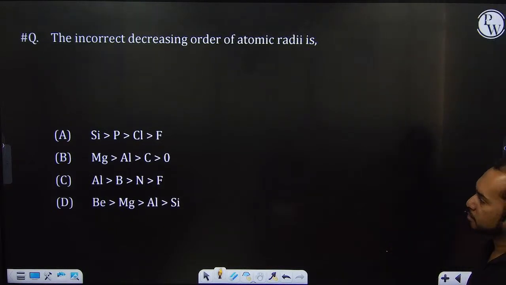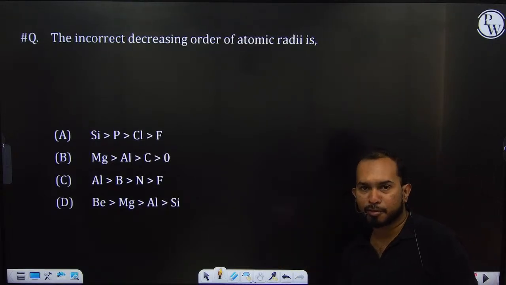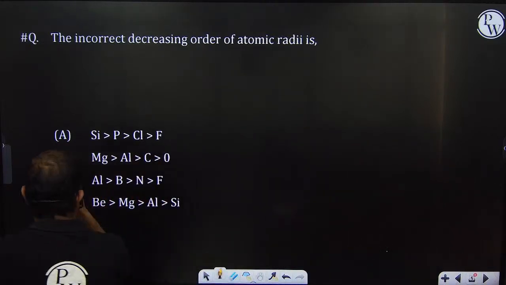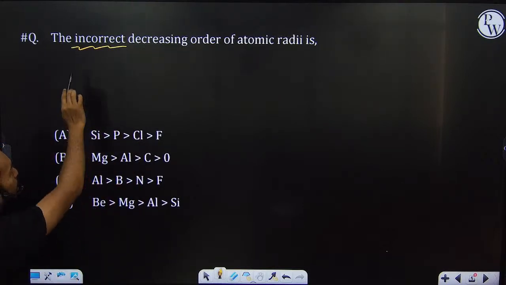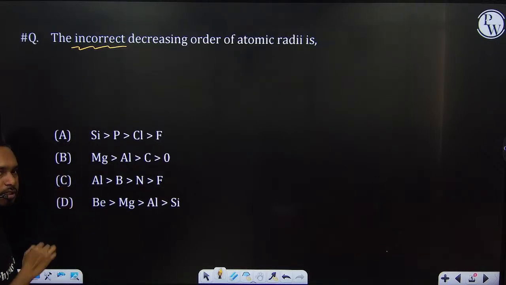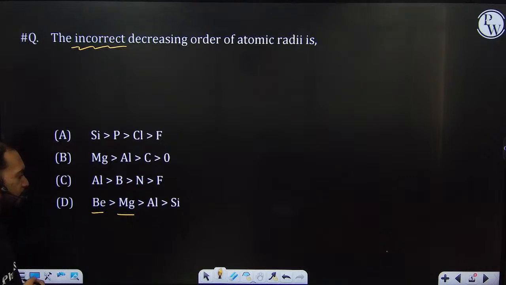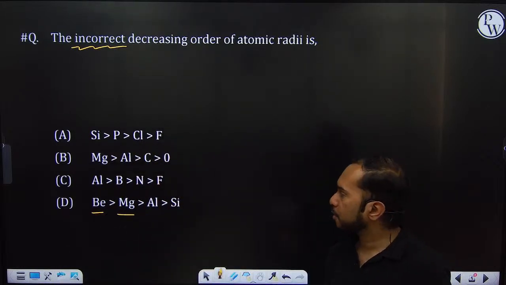Well, this will increase the cutoff. Look at the options. Make sure that you are reading the question over here. What is the incorrect decreasing order? Just look below that magnesium.